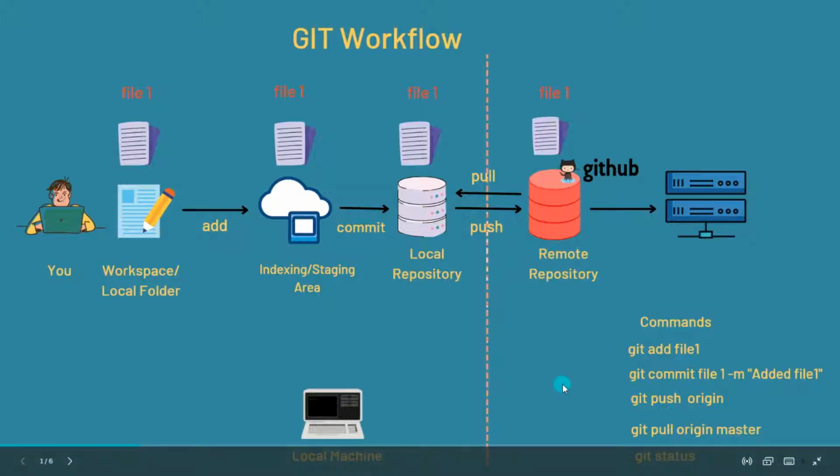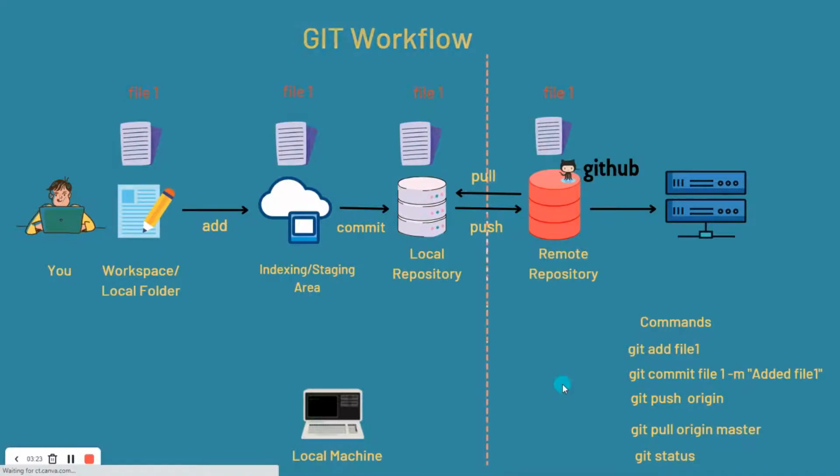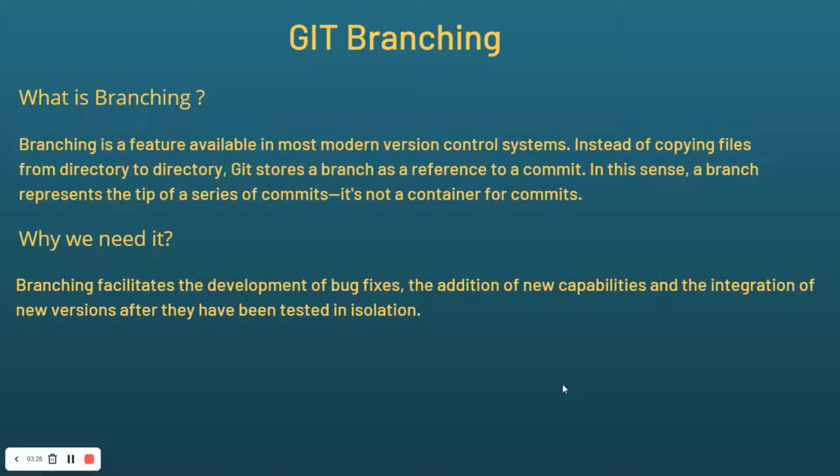So moving to our next main topic, which is git branching. So, what is branching and why do we need it? Branching is a feature available in modern version control systems like Git, GitLab, Stash, Bitbucket, etc. Instead of copying the files from directory to directory, Git stores a branch as a reference to the commit.